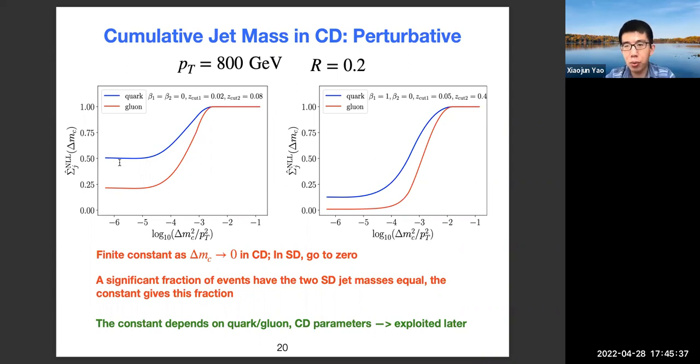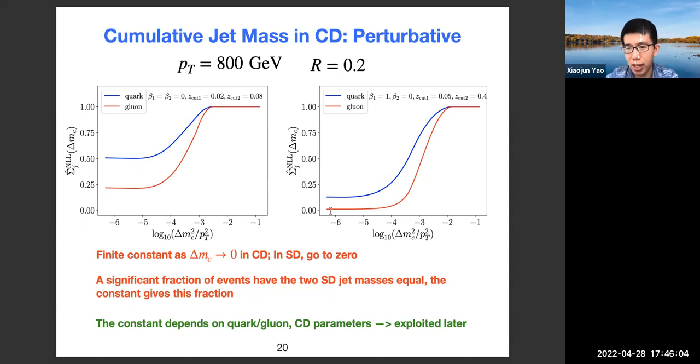This constant feature will be employed in our follow-up construction. So our idea is basically taking two sets of collinear drop parameters and forming linear combinations of these two distributions. And since it is a constant in the non-perturbative region, once we form the linear combination correctly, you can cancel one of the contributions and make the other contribution non-vanishing.